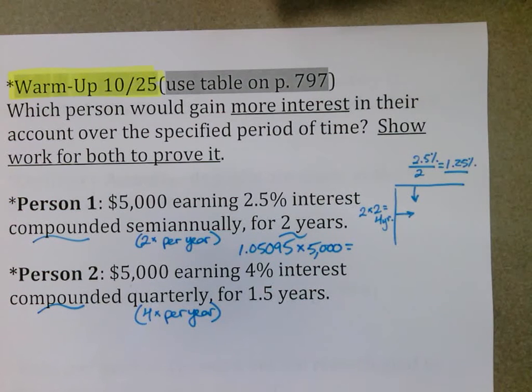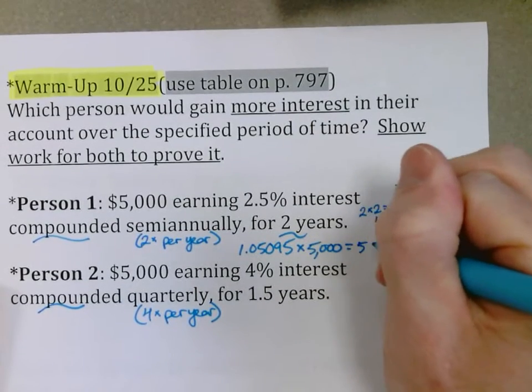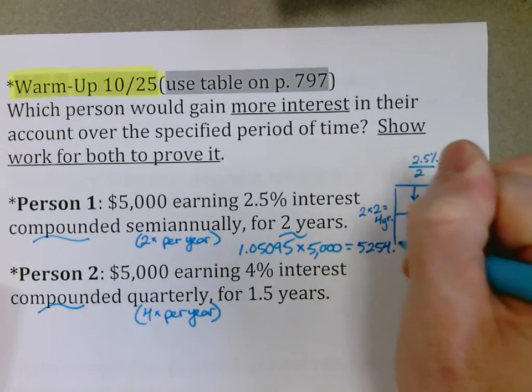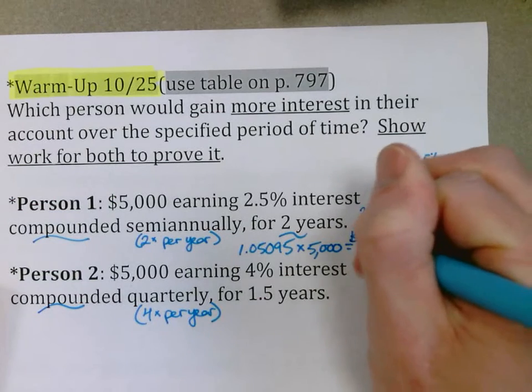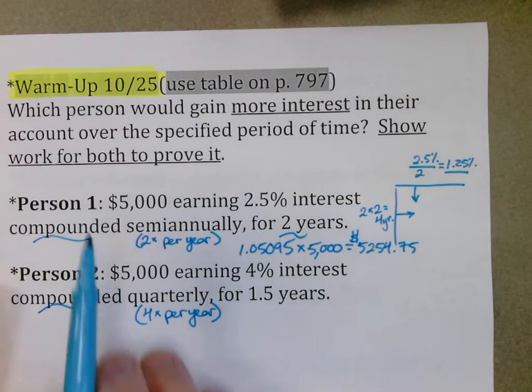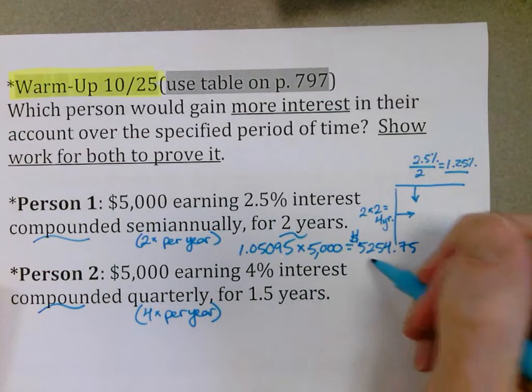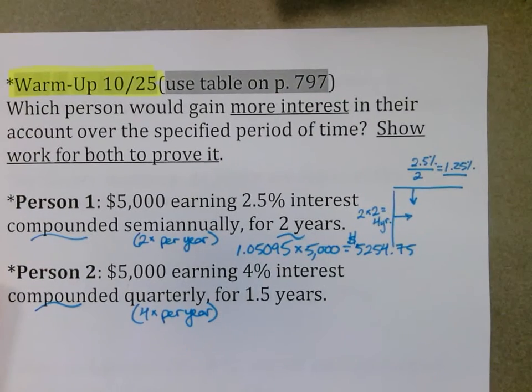And after crunching those, give me 1 second here. We end up getting $5,254.75. Now keep in mind the question was asking which person would gain more interest in the account. So I suppose at the end we can just compare their totals to see how much they gained.